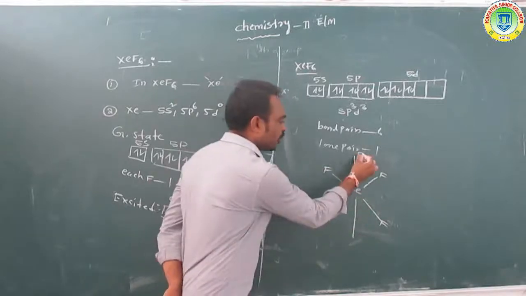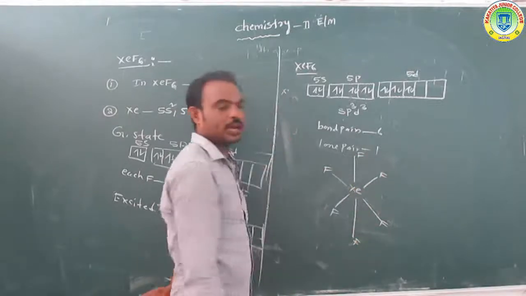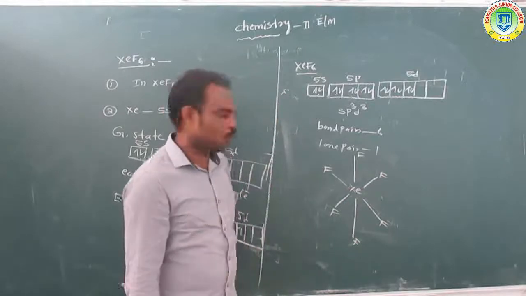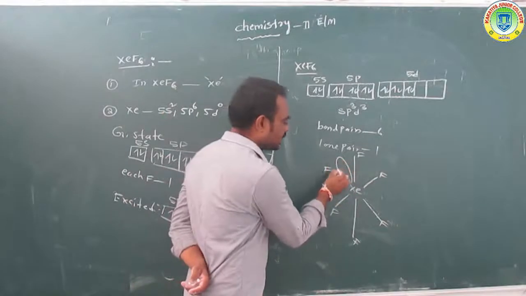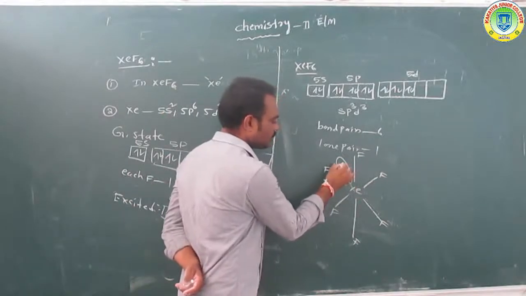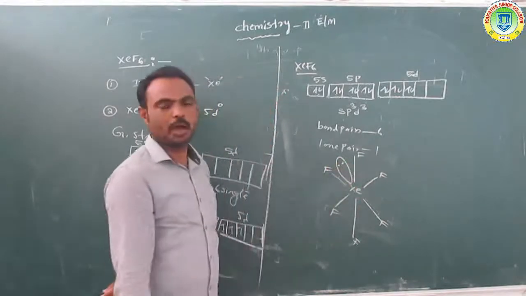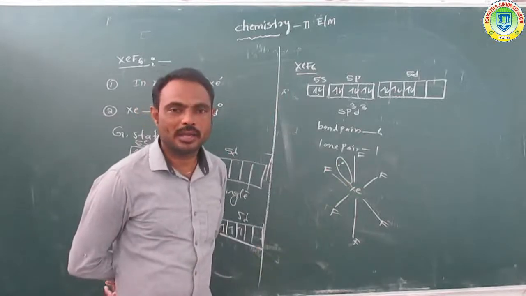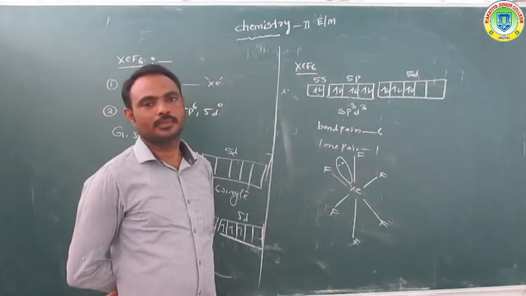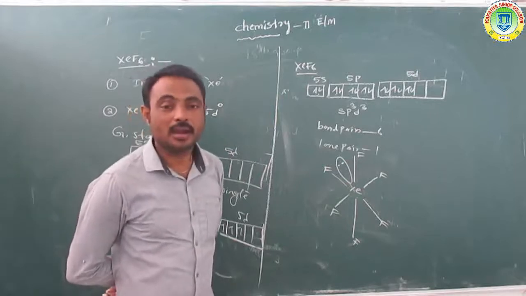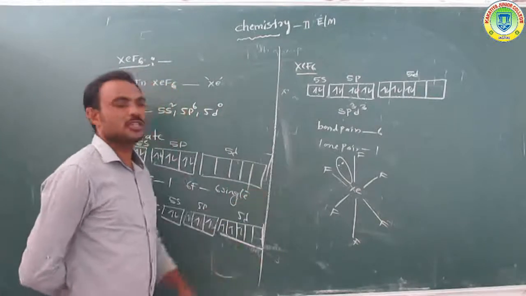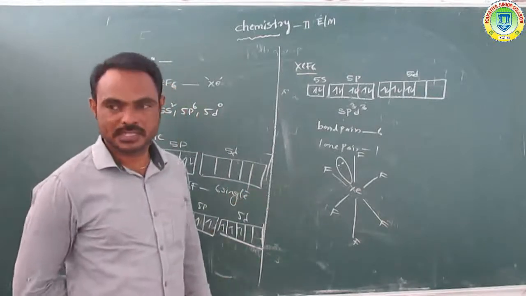One fluorine atom is above and one fluorine atom is below. So it has one lone pair. This lone pair is indicated with the orbital. It is a distorted octahedral structure. This is the structure of XeF6.